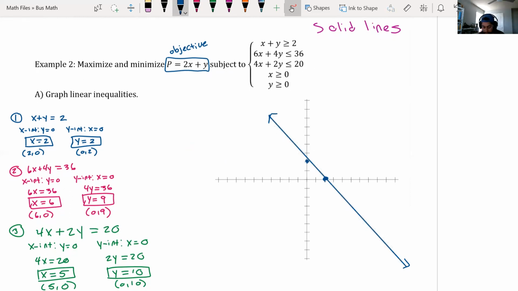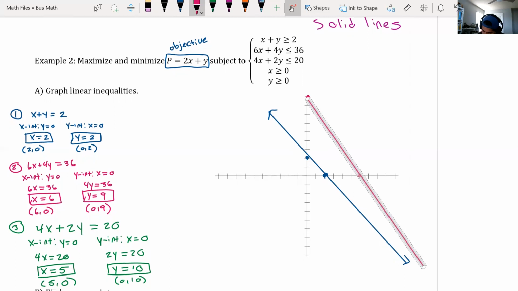That goes like that. And then the next line is (6, 0) and (0, 9). So 1, 2, 3, 4, 5, 6. And then 9. 1, 2, 3, 4, 5, 6, 7, 8, 9. Draw another line. There we go.